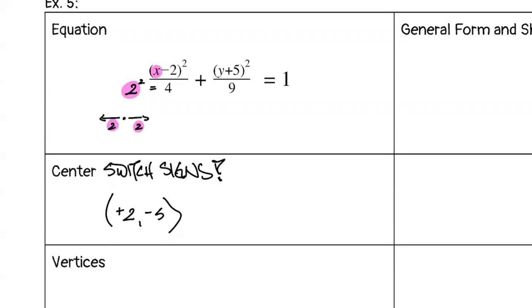All right, what does this 9 tell us? Yeah, so wherever my center is, I'm going to go up 3 and down 3 from the center. Do we think we're going to get a circle?